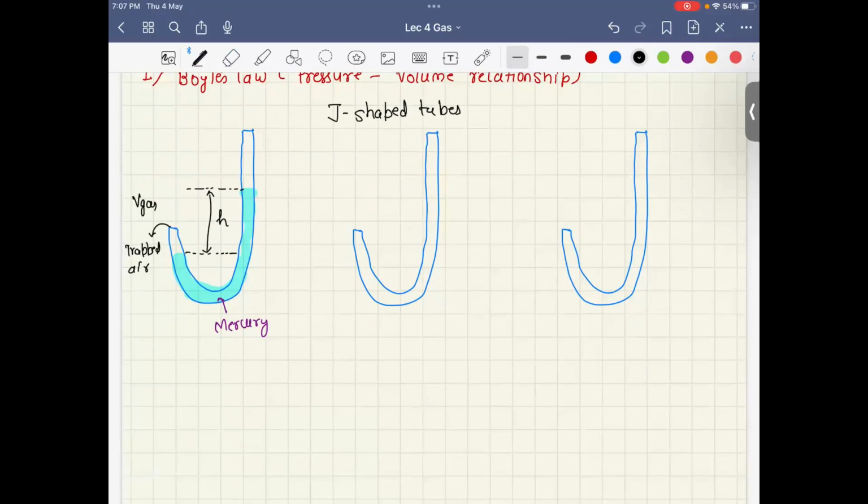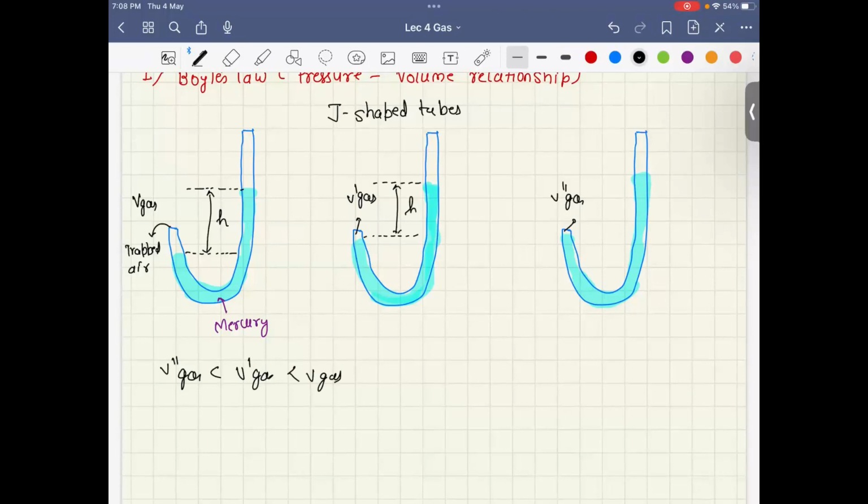Similarly, here it is filled up to a greater height. Like this he changed the height, or the amount of air. This is V' of gas, this is V'' of gas, and V'' of gas is less than V' of gas.